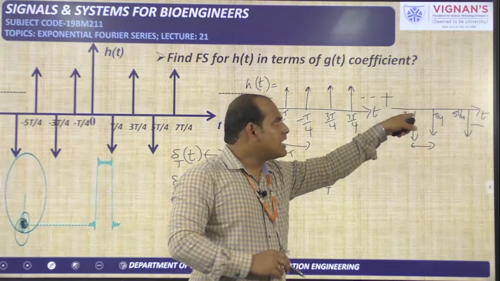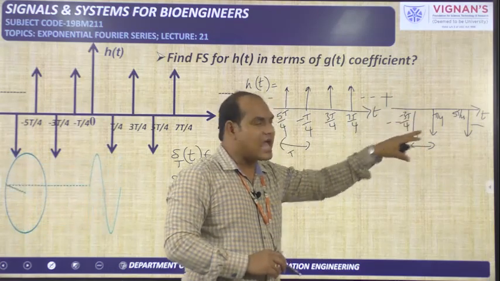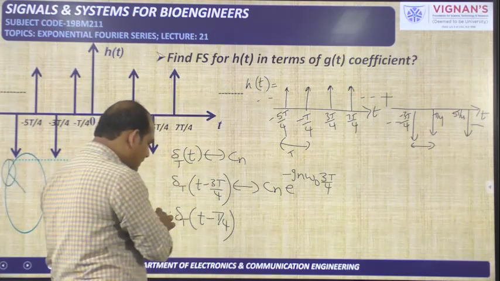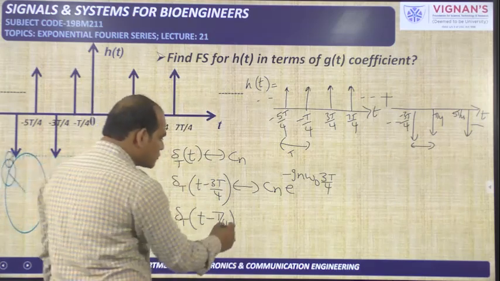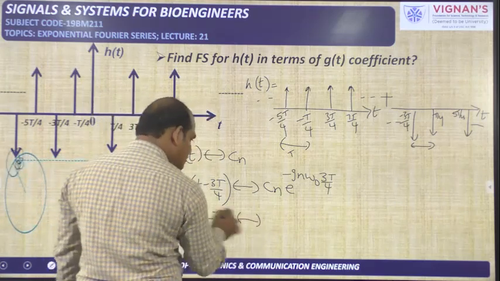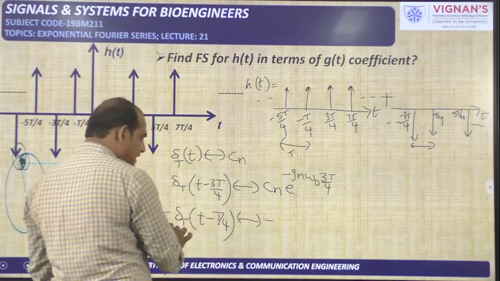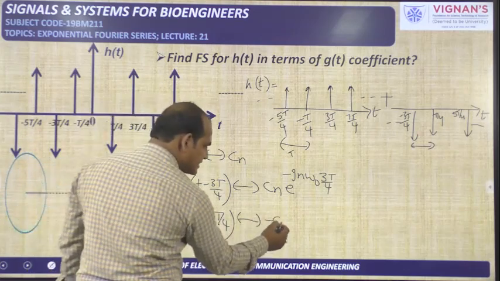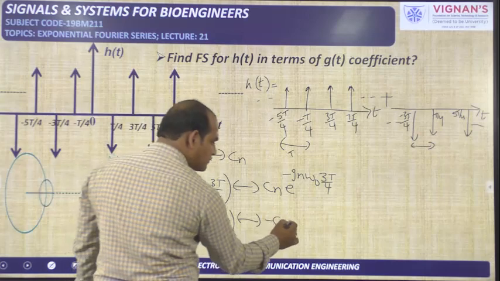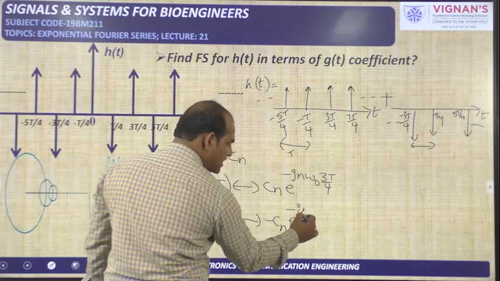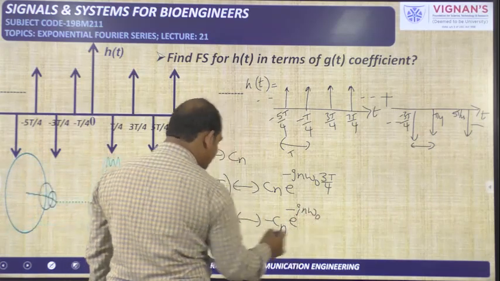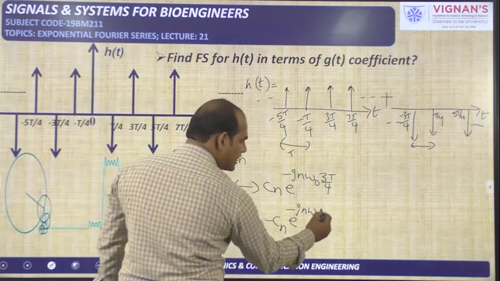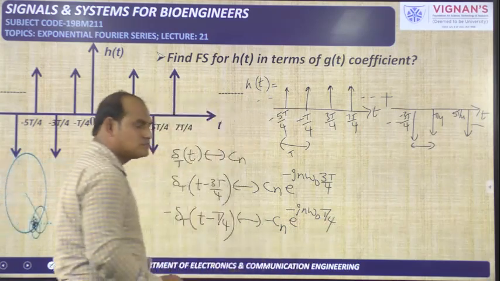but here the amplitude reversal has happened, so I am taking a negative here. Because of this negative, I will also get a negative, and further, delta T of t without shifting has coefficient Cn, and because of the time shifting I need to write an exponential, with the amount of shift being T by 4.